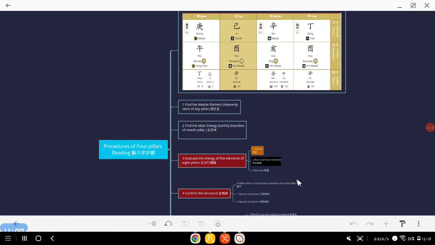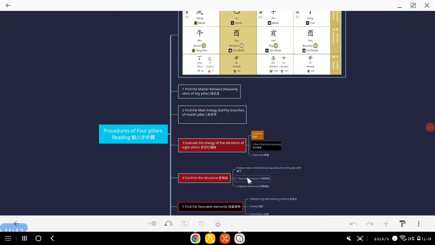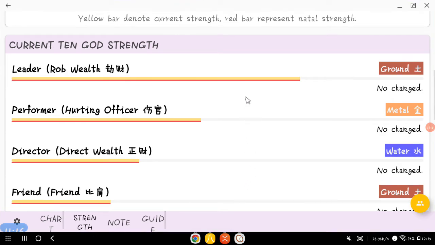So for this we're going to check out more, because we have normal structures. I'll show you according to the app. So here are the 10 normal structures. First we have a robbing wealth structure. This is the rob wealth structure.